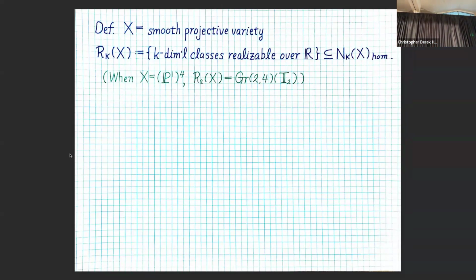You say that R_k(X) is the set of all k-dimensional classes realizable over R, say inside the finite dimensional vector space of cycles on X modulo homological or numerical equivalence relations. It's some subset, and almost always it's not a convex set. So we're not asking a question about some convex cone of cycles. This is a non-convex set. For example, when X is (P^1)^4, we have seen what this set is.